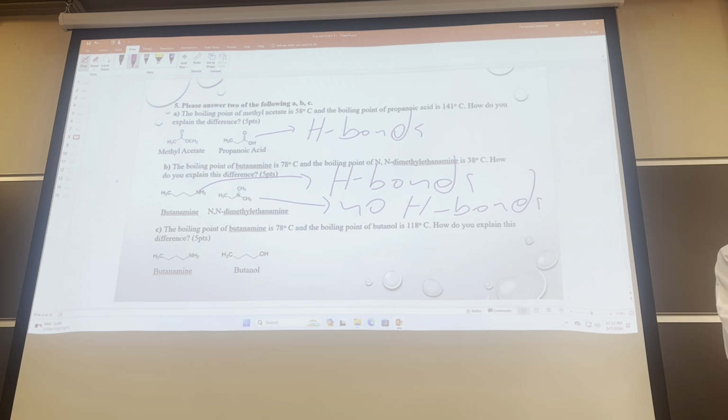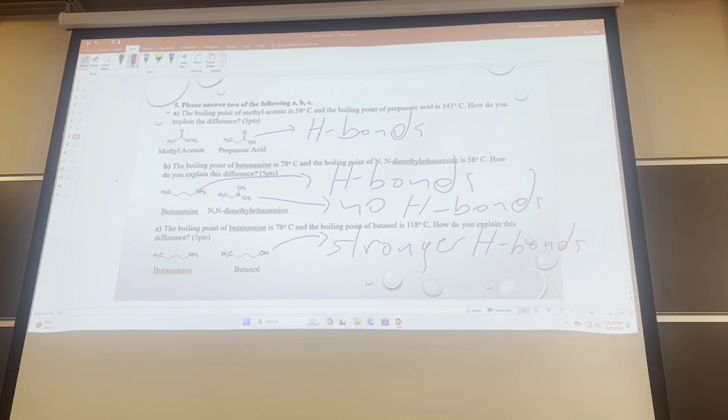C, the boiling point of butanamine is 78 degrees and the boiling point of butanol is 118 degrees. Why? Both of them make hydrogen bonds, but the butanol makes stronger hydrogen bonds. And when you write that, that's not enough answer.